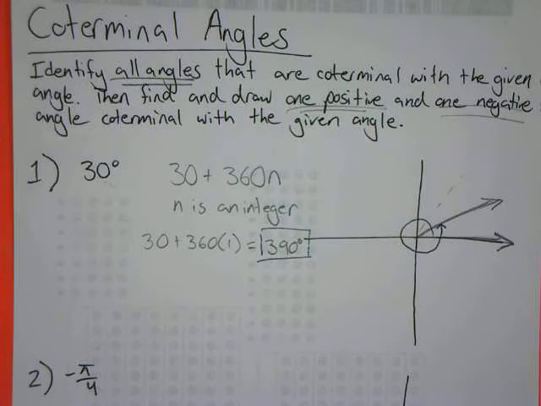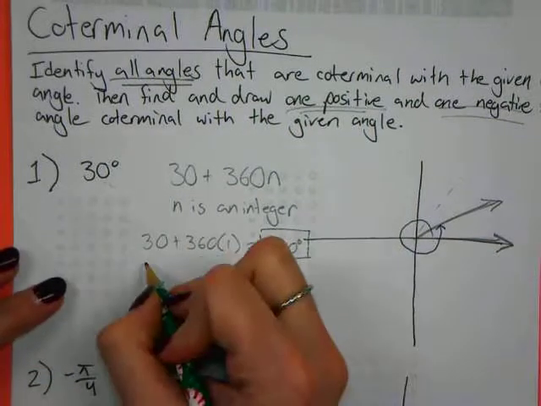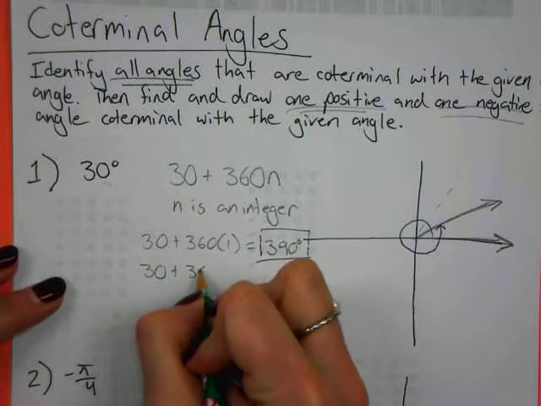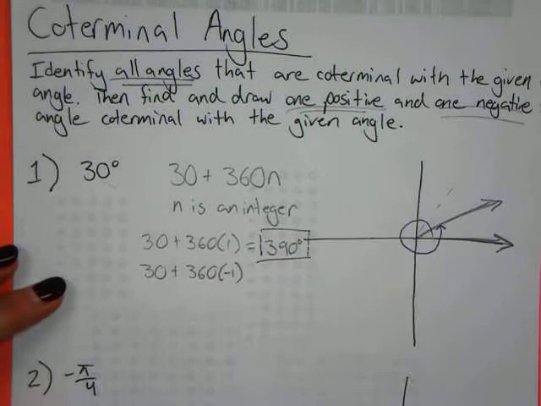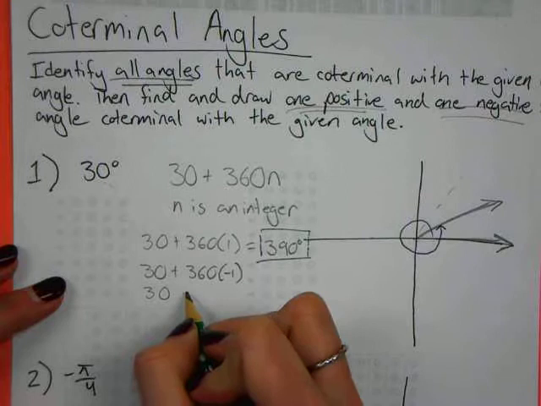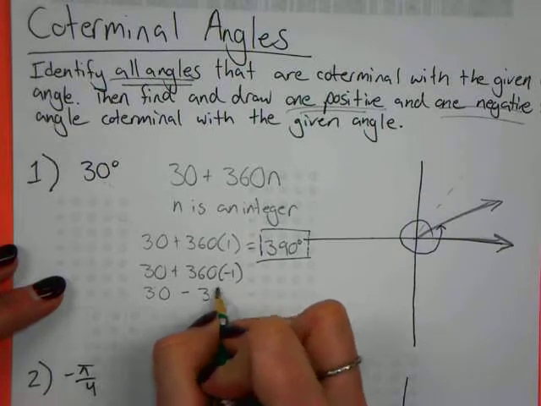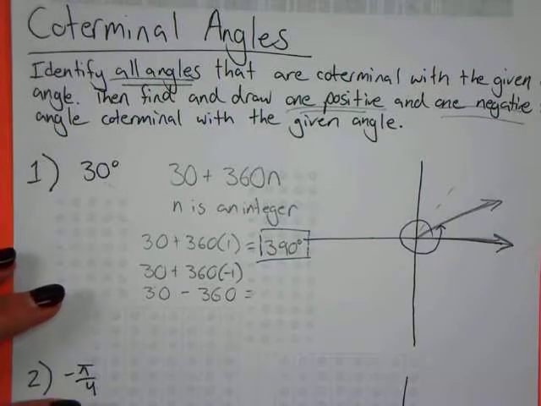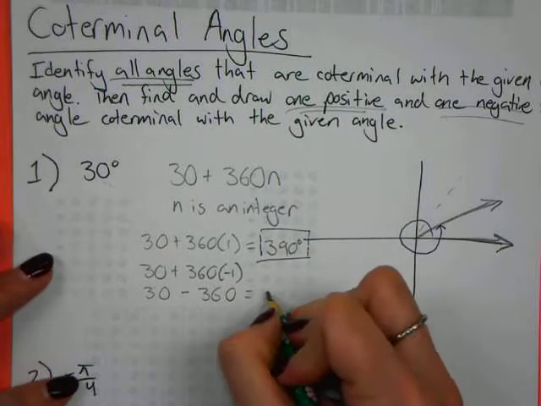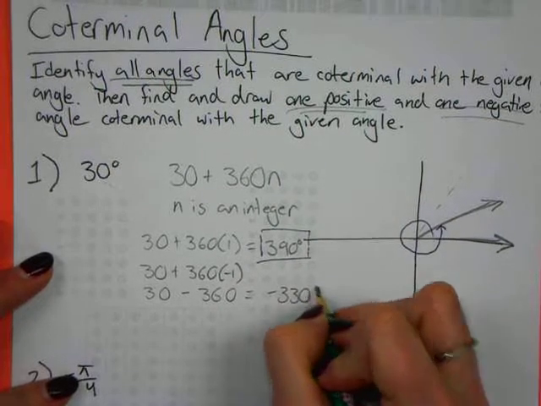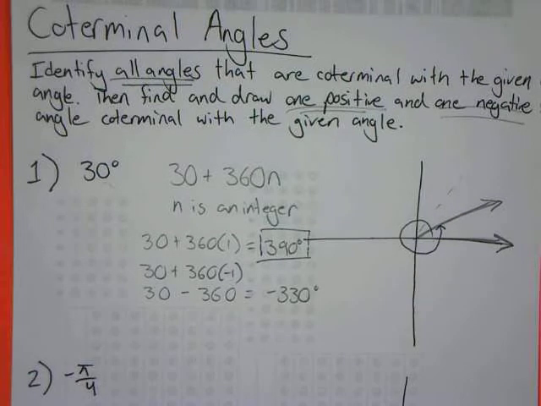Let's think about a negative one. If I took 30 degrees, but I add 360 times -1, that's like taking 30 degrees and -1 times 360 would be like a minus 360. So 30 minus 360 would end up at negative 330 degrees. So here's an example of a negative coterminal angle, and let's see what that looks like.